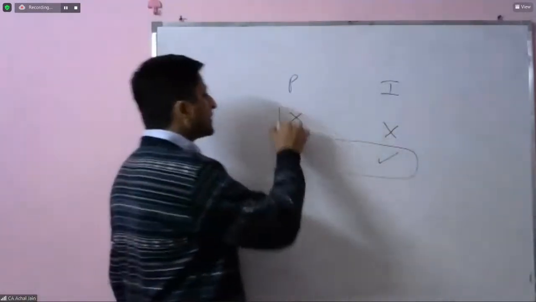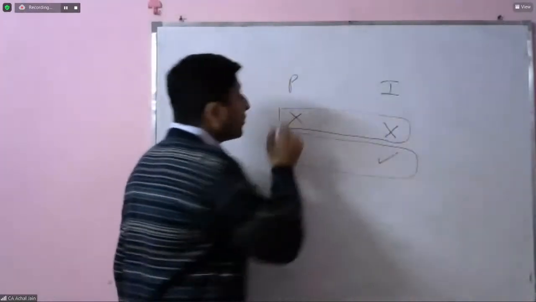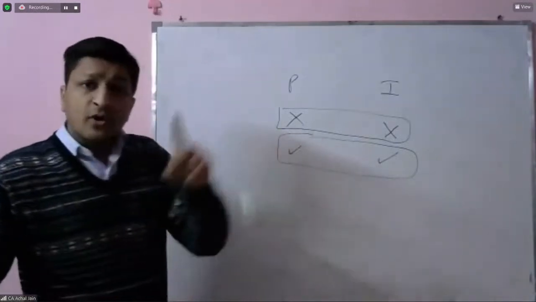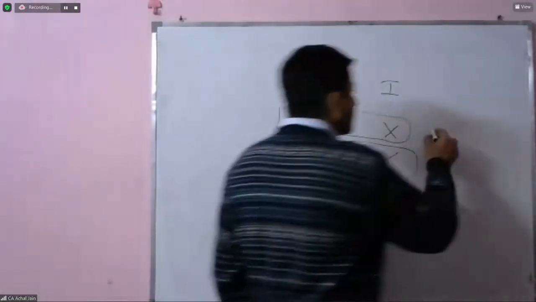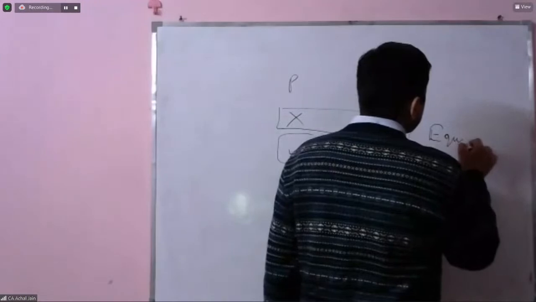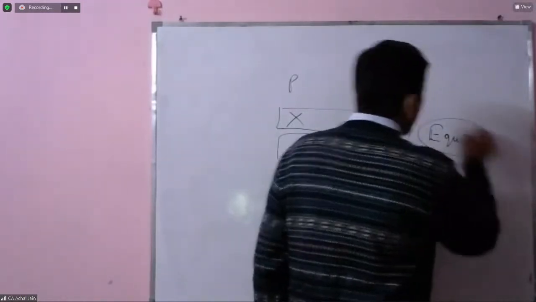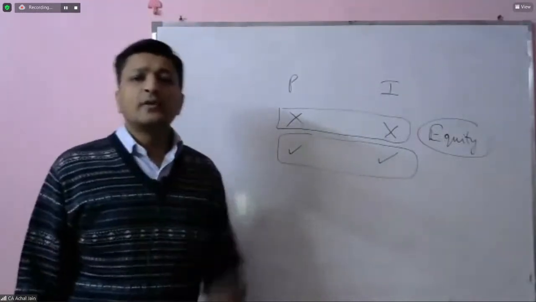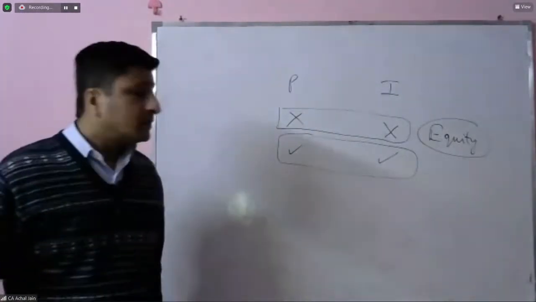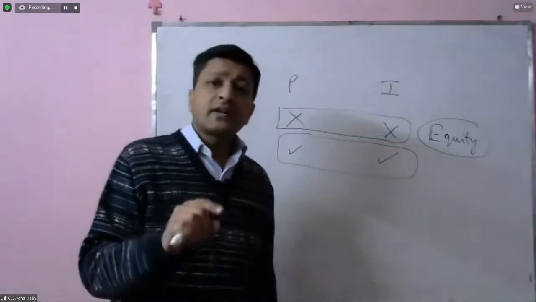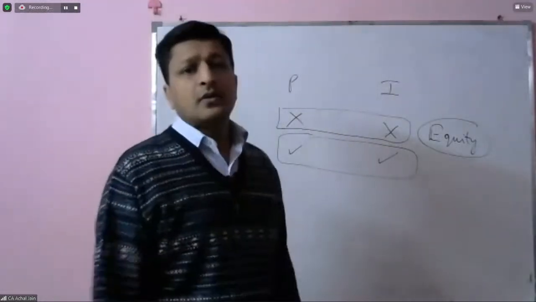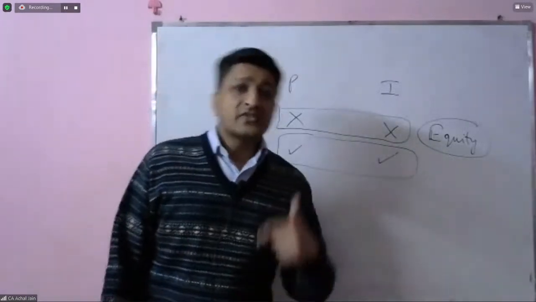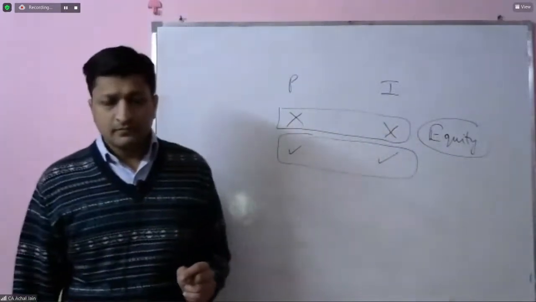If you go by the terms of the contract, ignoring this contingent settlement provision, then you would have immediately and very easily called this instrument equity. But this contingent settlement provision is also a part of the contract. It's not outside the contract. And this changes the whole scenario.